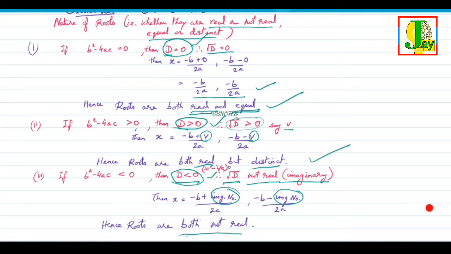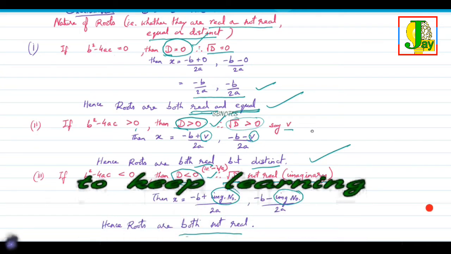So they are different and they are real. When you have D less than 0, root over D is not possible in that case, so both the roots are imaginary, and you are not going to find the solution. You are going to write that the roots are imaginary and leave it as it is. So let's move on and solve some questions.